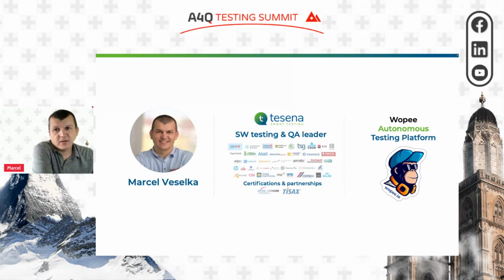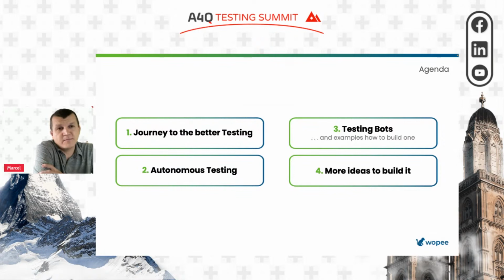Today, I would like to talk especially about the bots, but I'll start with a very quick introduction of how we ended up with that idea, pushing it further. Then I will explain autonomous testing, because this is one of the ideas which is built on top of the bot or bots.